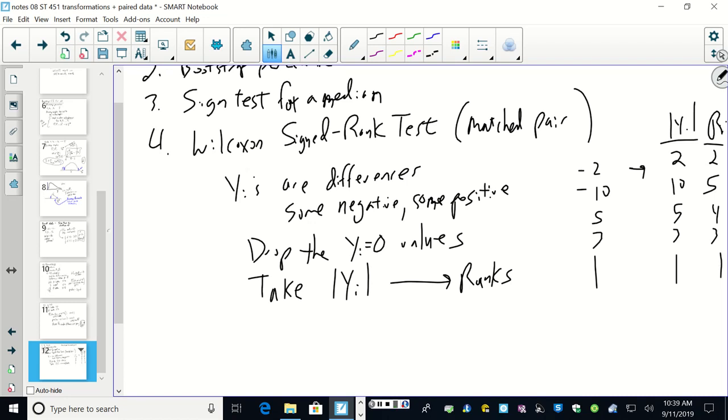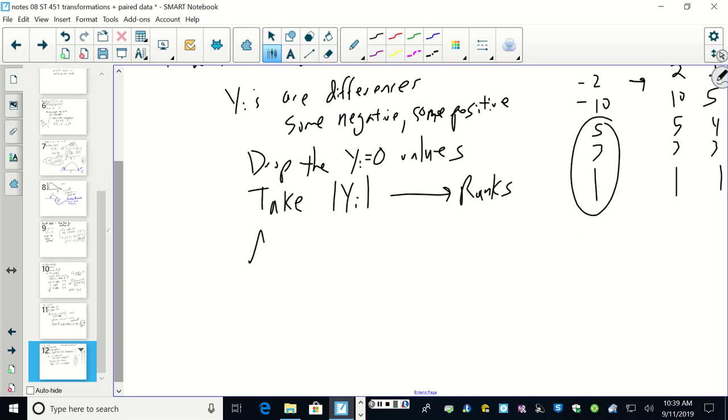Then it looks at the ones where y sub i was greater than 0 and adds up those ranks: add up r sub i for y sub i greater than 0.